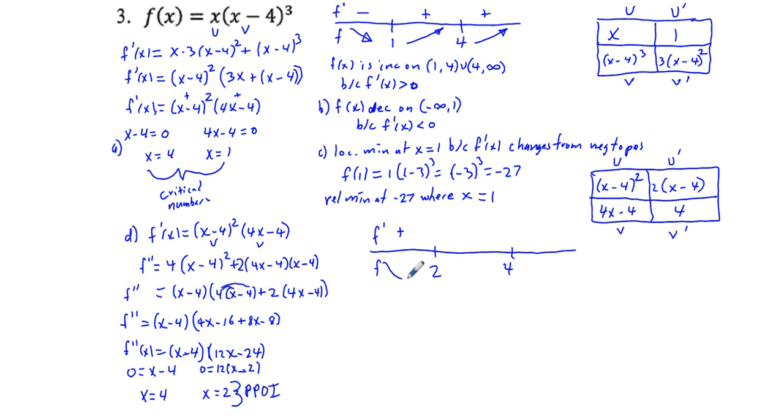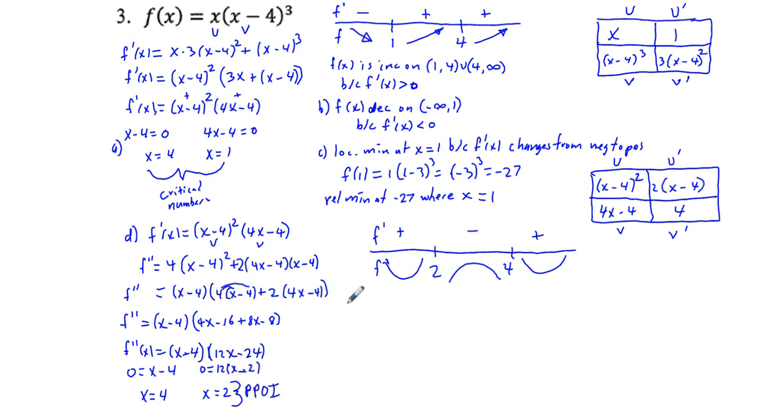So we'd be concave up in this interval from negative infinity to 2. And then between 2 and 4, something like 3, we would have a negative, and this one here would be positive. We'd have 36 minus 24, so we'd have a negative times a positive, which would be concave down. And then to the right of 4, we would have greater than 0, greater than 0, so we'd have this kind of arrangement here in the number line.